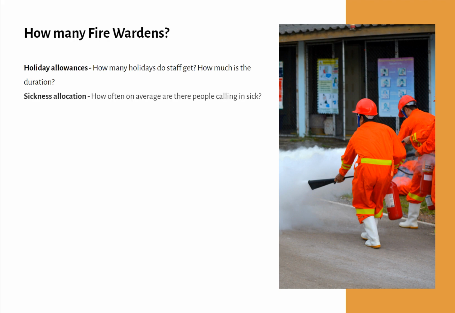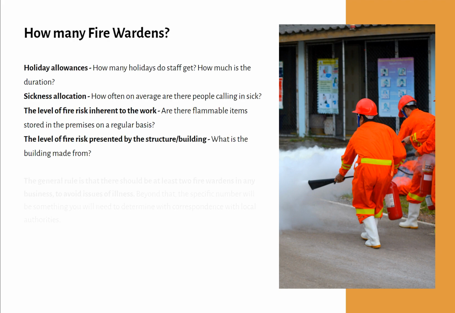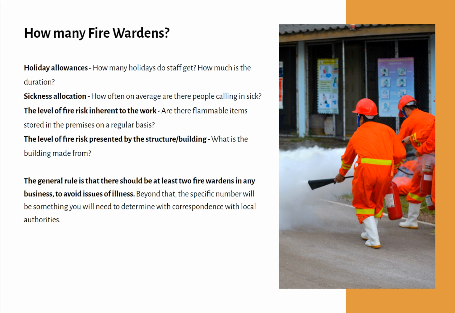holiday allowances, how many holidays do staff get, how much is the duration, sickness allocation, how often on average are there people calling in sick, the level of fire risk inherent to the work. Are there flammable items stored in the premises on a regular basis?